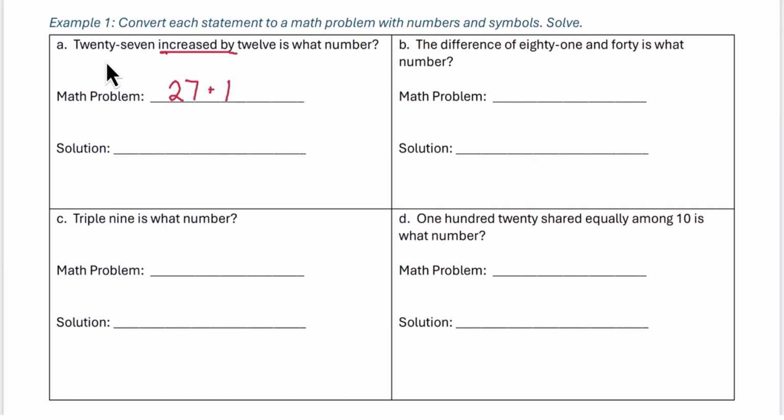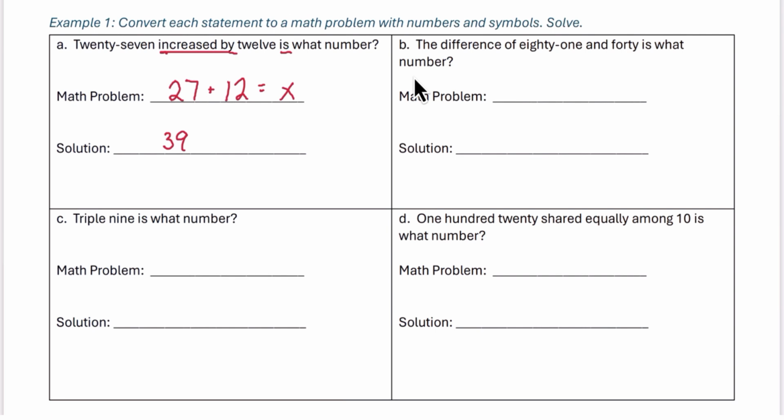Increased by 12 is another keyword that means equals or equality, and then what number? We can use a question mark here, or eventually, instead of a question mark, we will start using algebra and make it an X. We use variables to represent unknowns. And then for the solution, we simply add 27 and 12. So we get 39.